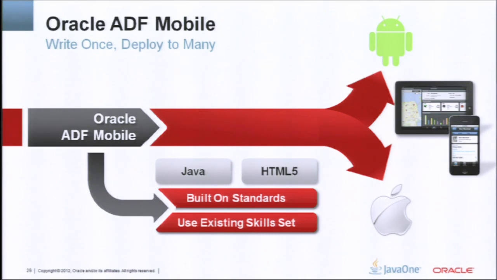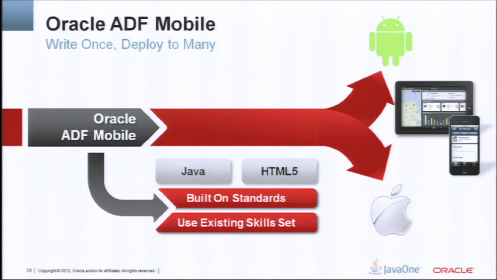Okay? We wanted them to still work with the same concept they have and not need to learn specifics of the device. Okay? So what we built is something called Oracle ADF Mobile. Oracle ADF Mobile basically takes the same concepts you've seen now and extends them to a mobile device development to create an application that actually installs and runs on the device. Okay?